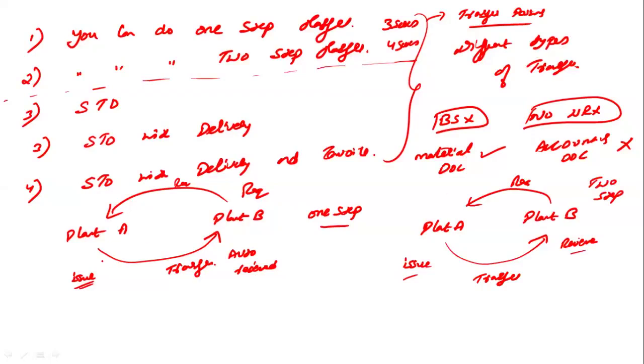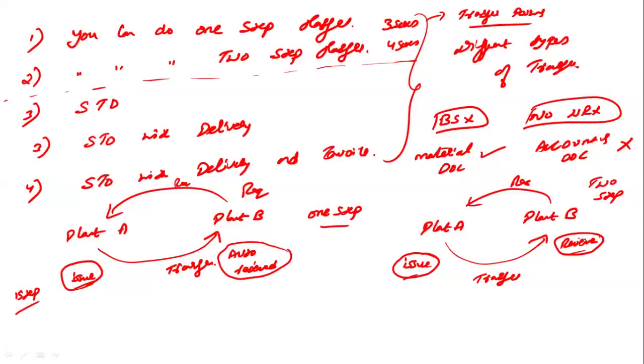In the first case, plant B is requesting material from plant A, and plant A is issuing the goods to plant B. This is one step, and the receiving is auto-received, meaning the goods receipt is happening automatically. In the two-step, issue is one step, receive is the second step. Two-step is done manually.